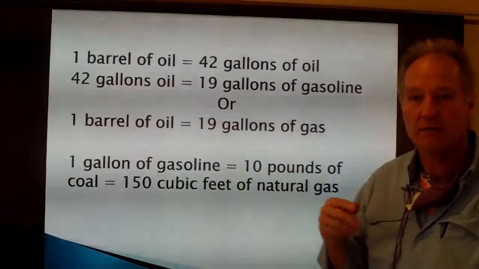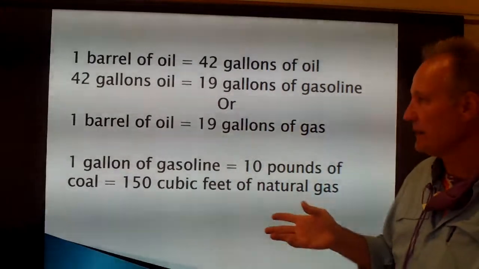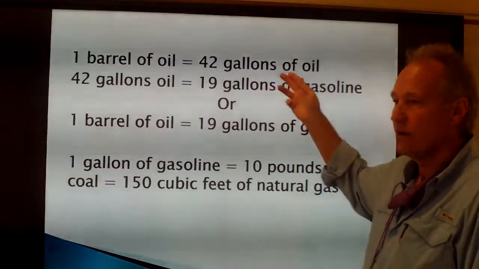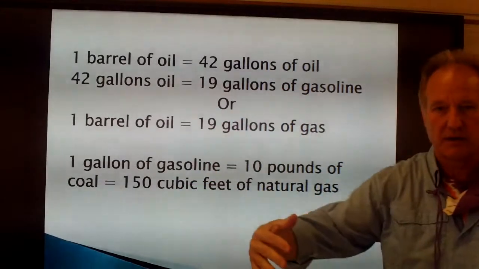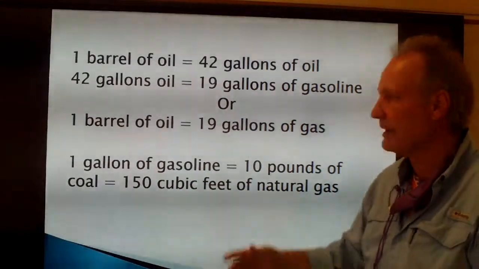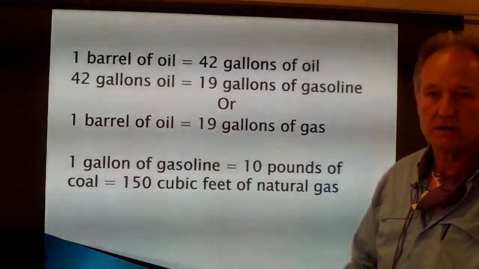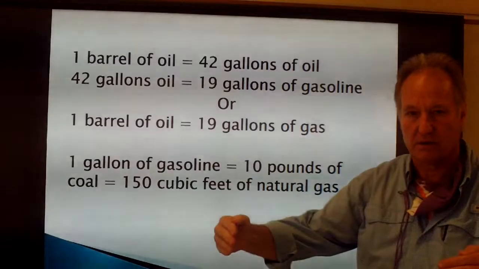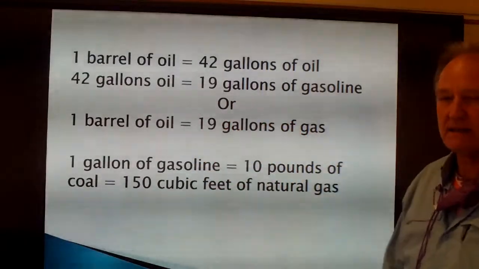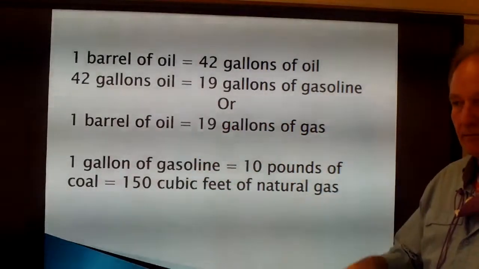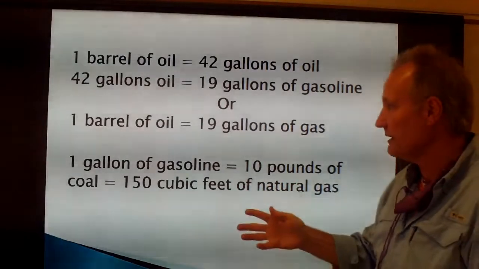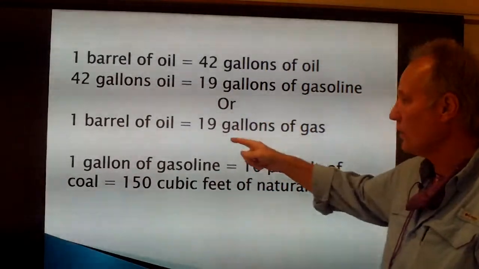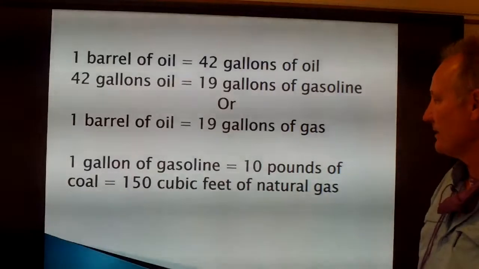application. Now, while we're on this math theme, let's take a couple more problems. All right, so 1 barrel of oil equals 42 gallons of oil. If you've ever seen those barrels, big jugs or barrels. In that 42-gallon barrel, there are about 19 gallons of gasoline, besides all the other stuff that's in crude oil, or 1 barrel of oil equals 19 gallons of gas.